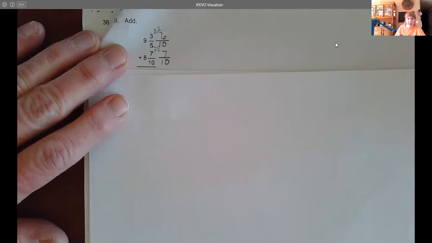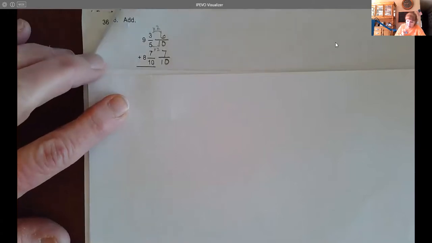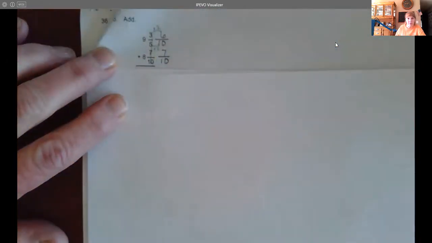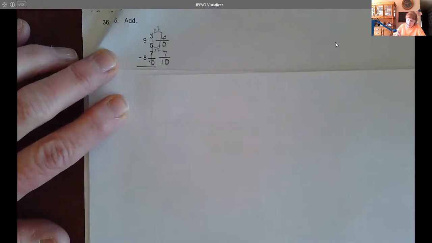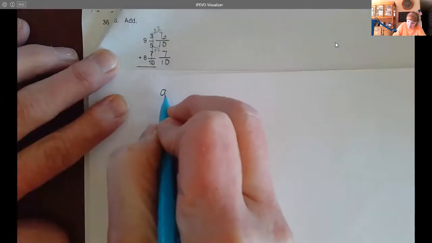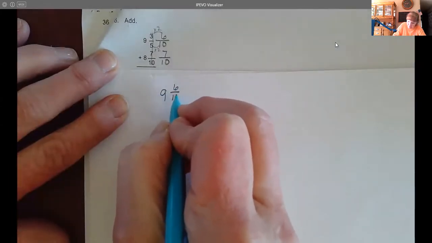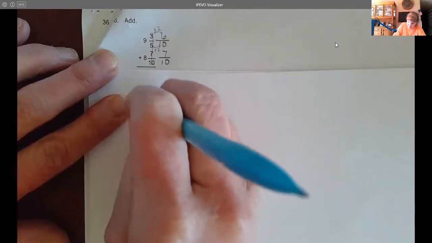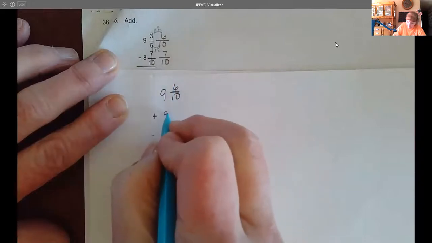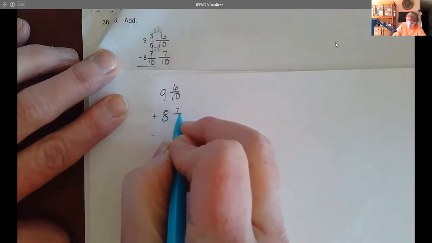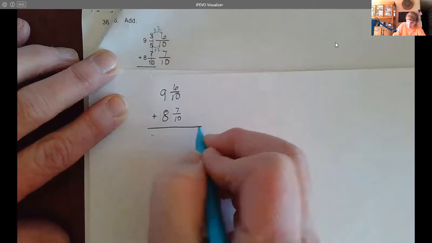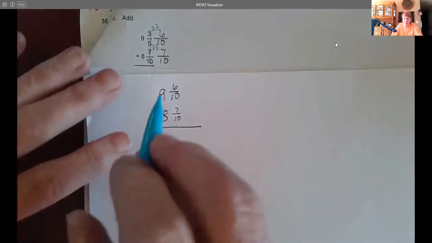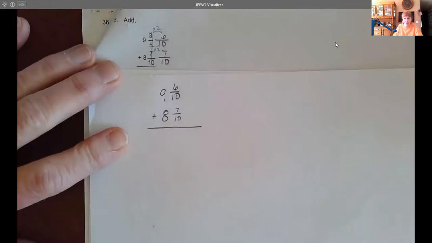So now it's just like the one we did earlier. We can ignore this. We're done with that column. So we have 9 6/10 plus 8 7/10. They now have a common denominator. So hopefully you understood that last step of getting a common denominator.